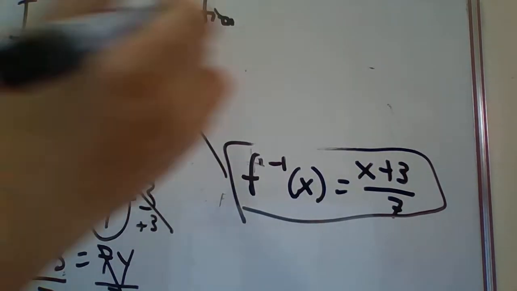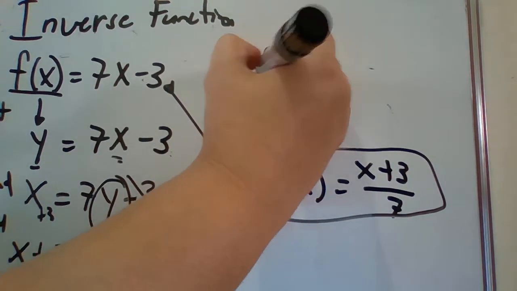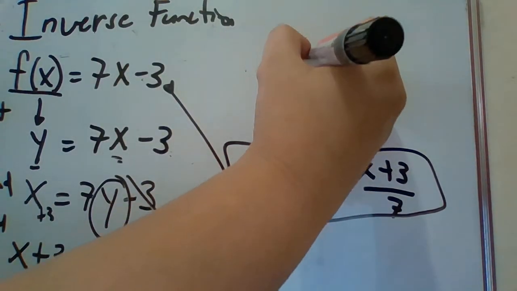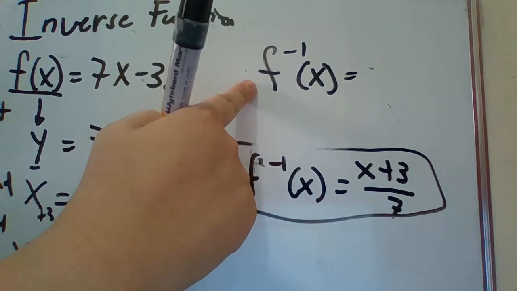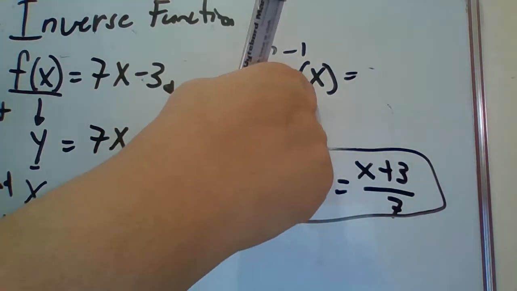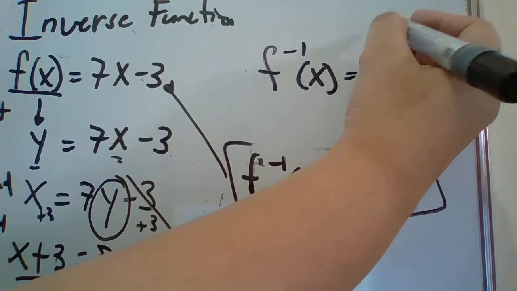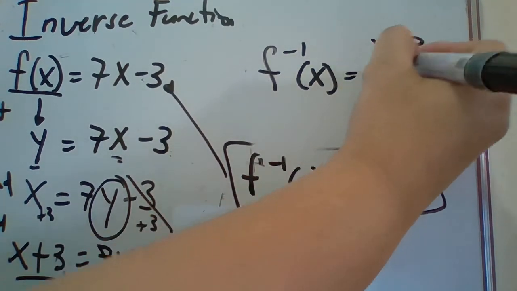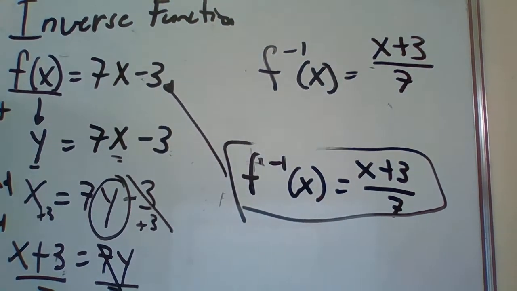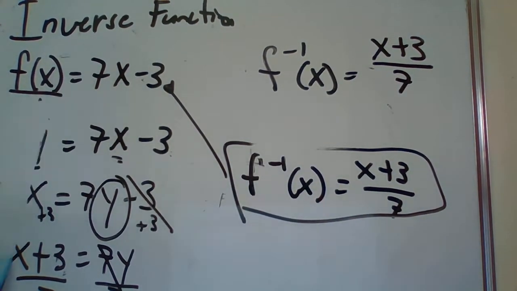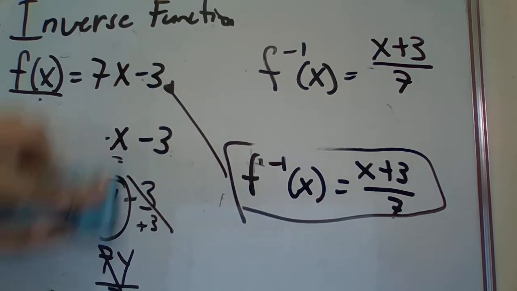So, kabaliktaran siya ni f of x. Okay. So, ganyan nyo siya isusulat. So, f inverse of x equals x plus 3 over 7 or x over 7 plus 3 over 7. So, ayan. Sulat na natin.